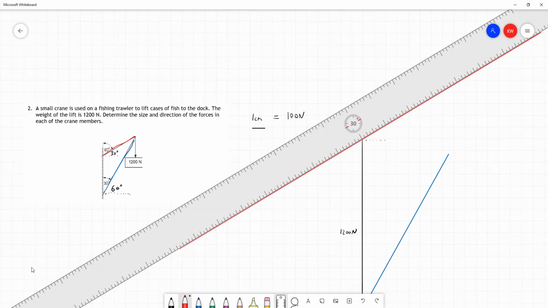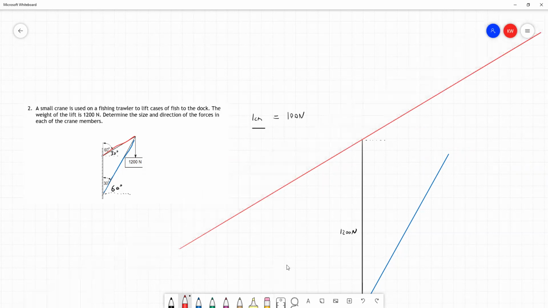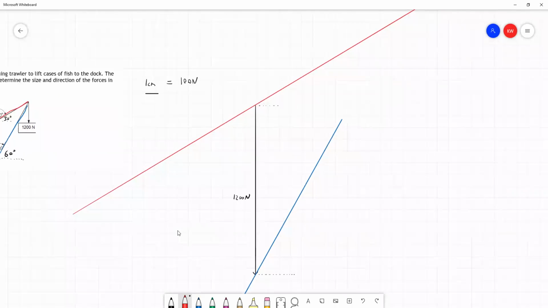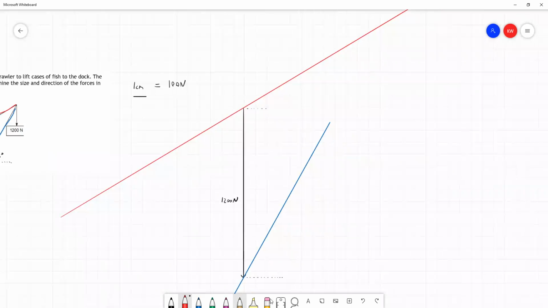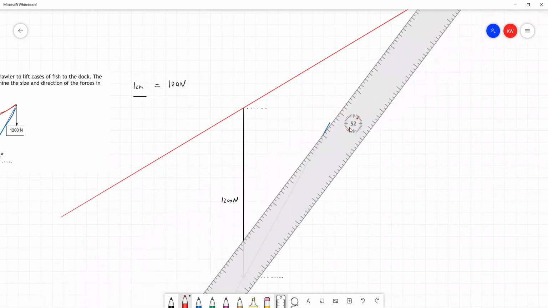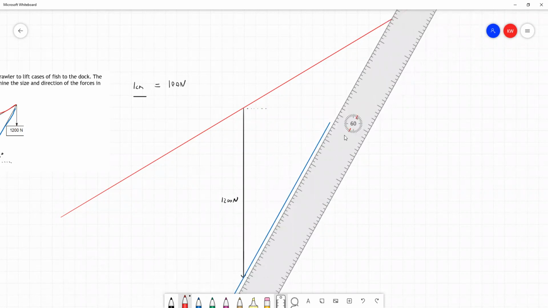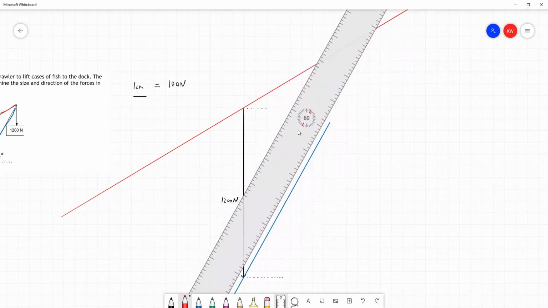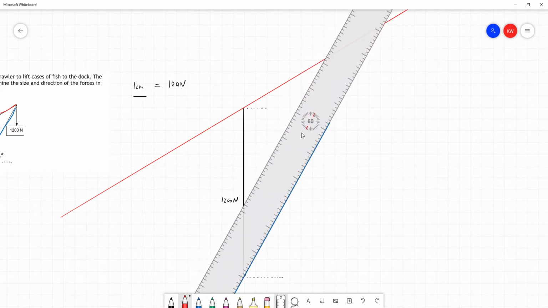Now it looks as though we need to extend our blue line up the way for these to meet, and that's absolutely fine. We can just reset our direction to 60 and line it up with this blue line here. And draw up until these two meet.